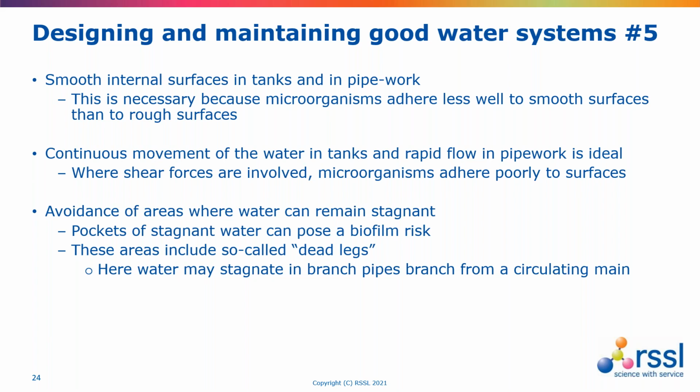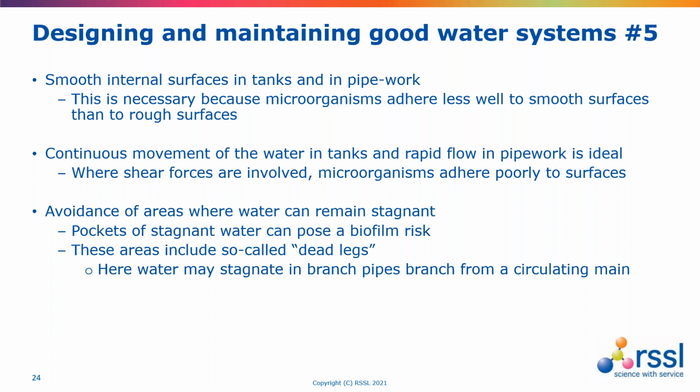And this is because where we have strong shear forces, then microorganisms will adhere poorly to surfaces, but where that force slows down or disappears, then it's quite easy for microorganisms to adhere to surfaces and establish biofilms.